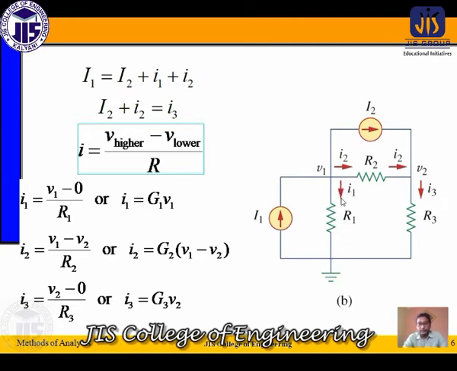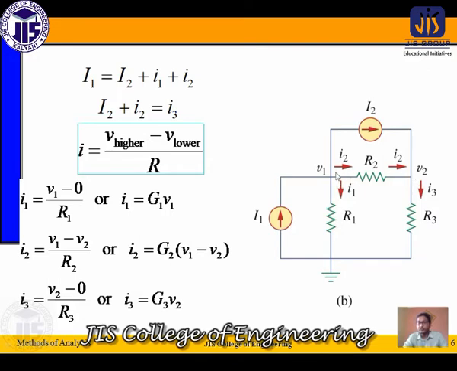So the V1 point has a higher voltage than this 0. Similarly, for this small I2 current, we have considered it flowing through this R2 resistance from node 1 to node 2, that means from the voltage point V1 to the voltage point V2. So obviously, as the I2 current is flowing from V1 voltage to V2 voltage, the V1 voltage is higher than this V2 voltage, right?